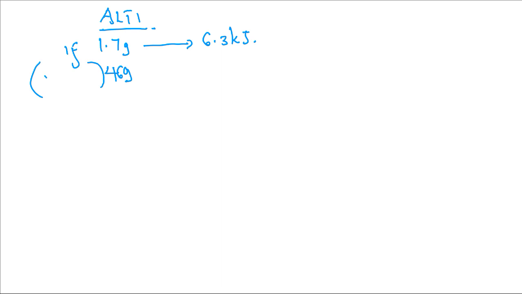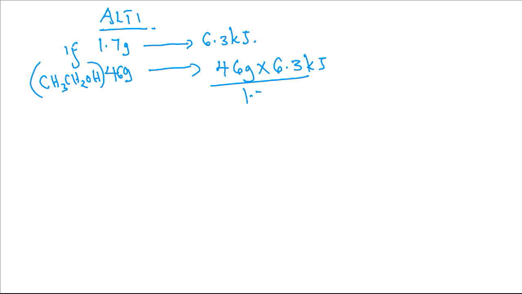The 46 grams is the molar mass of ethanol, C2H5OH. If you sum up, you get 46. So that gives 46 grams times 6.3 kilojoules over 1.7, and that will eventually give 170.47 kilojoules per mole.